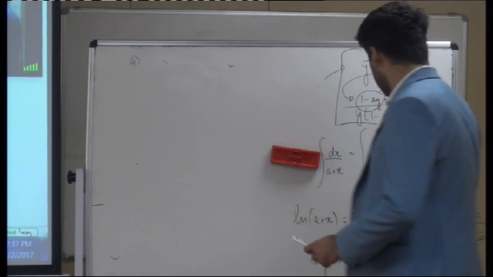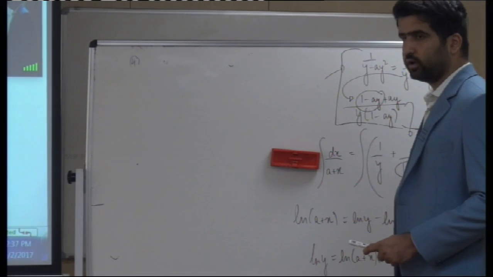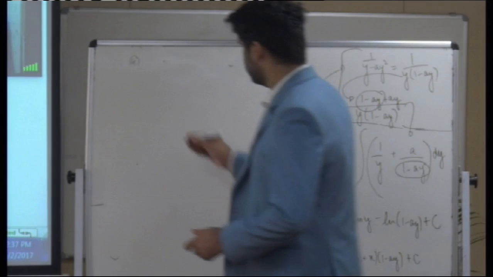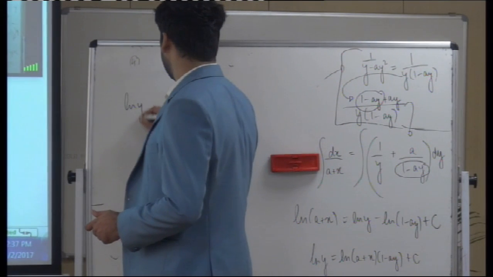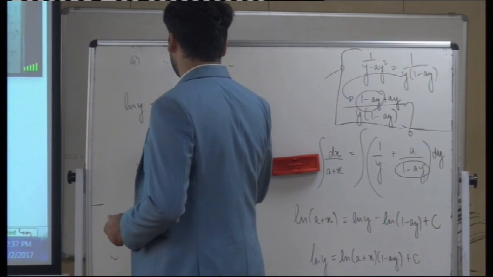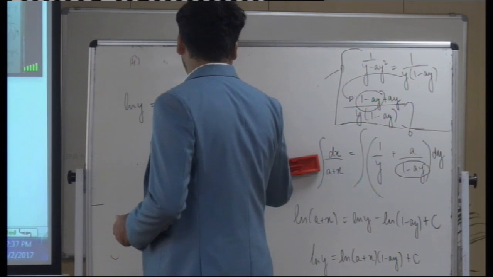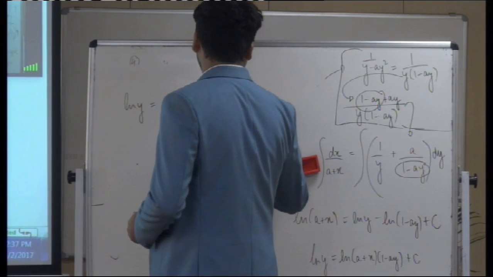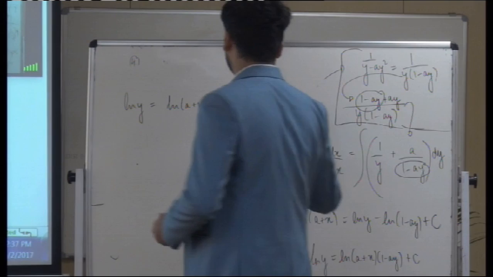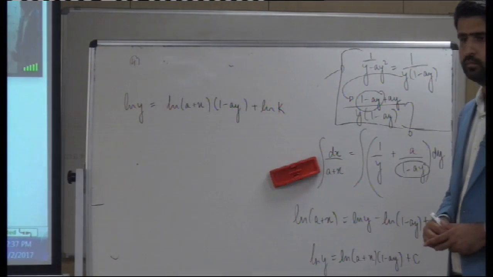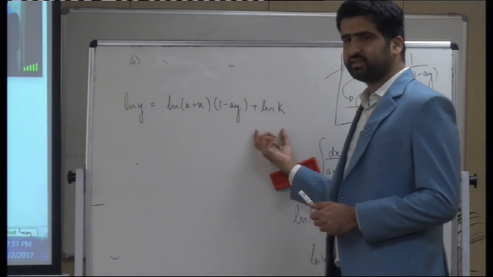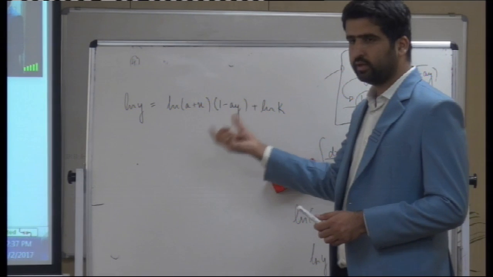So we can convert this third term also in the logarithm form, right? So we'll write this as ln of y is equal to ln of a plus x into 1 minus ay plus ln of k, right? Now this is ln a plus ln b, which is equal to ln of a into b.